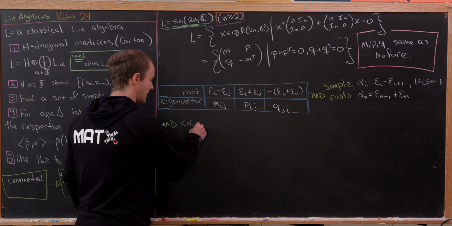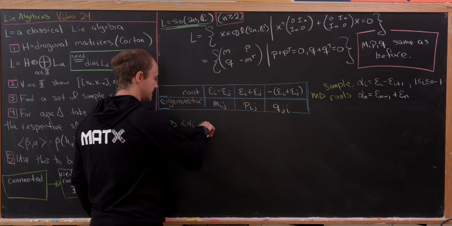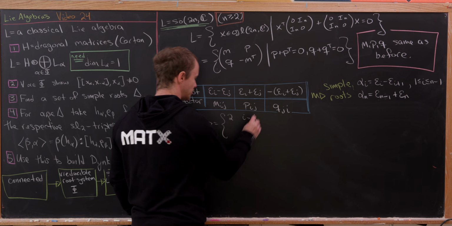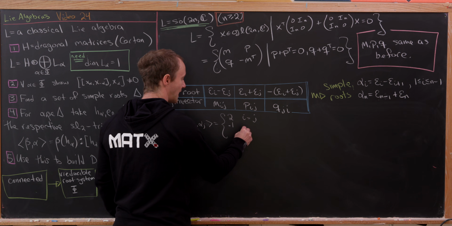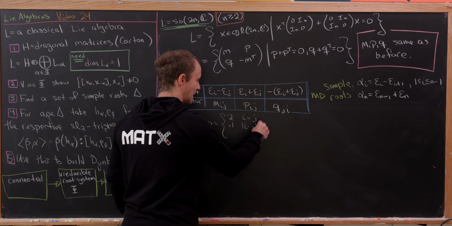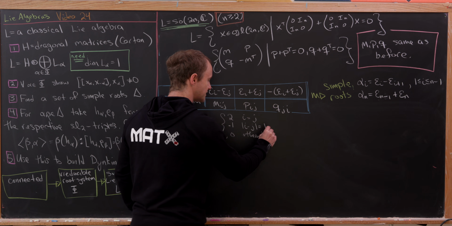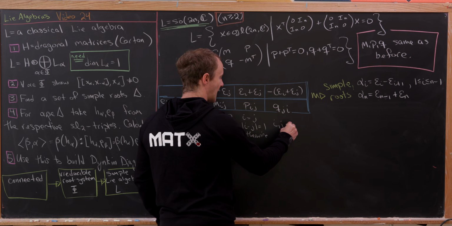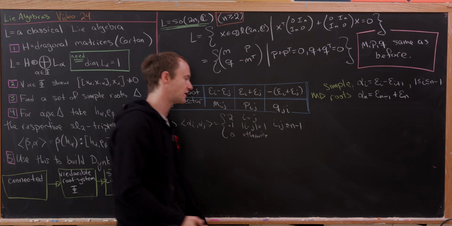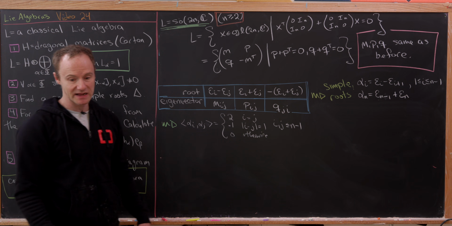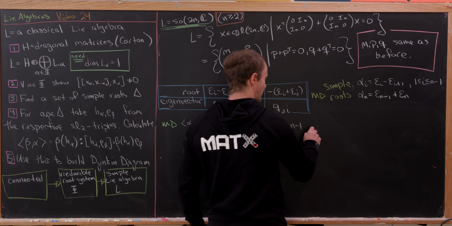We'll have alpha i, alpha j equal to 2 if i is equal to j, that's not surprising, minus 1 if the absolute value of i minus j is equal to 1, and 0 otherwise. But this is only in the case when i and j are both less than or equal to n minus 1.